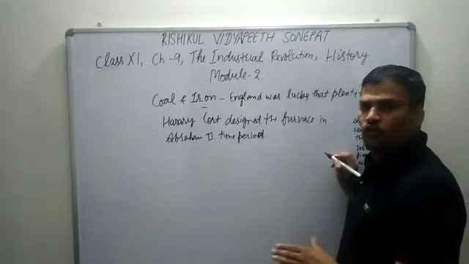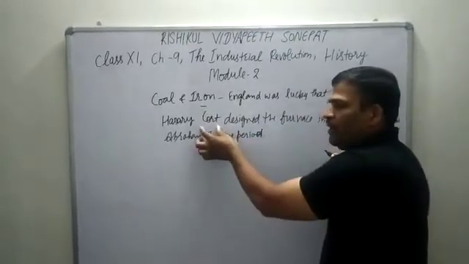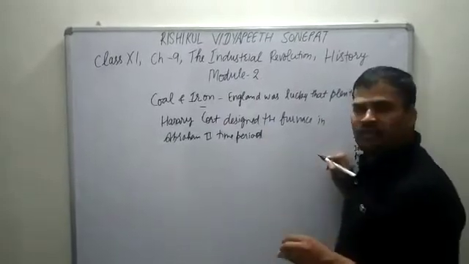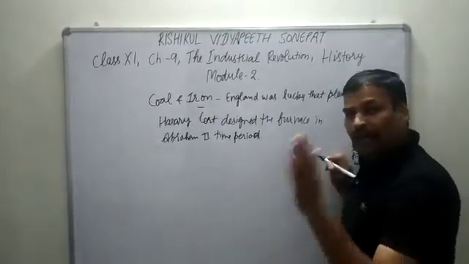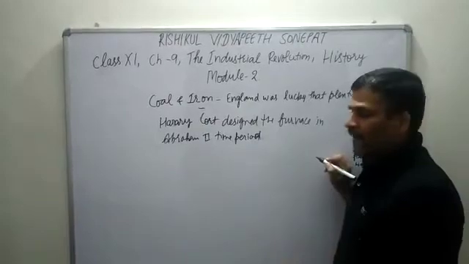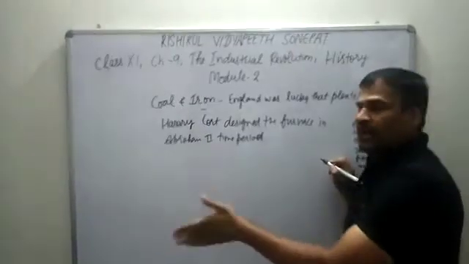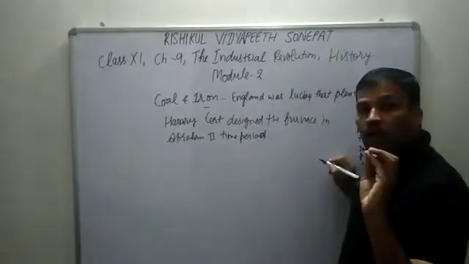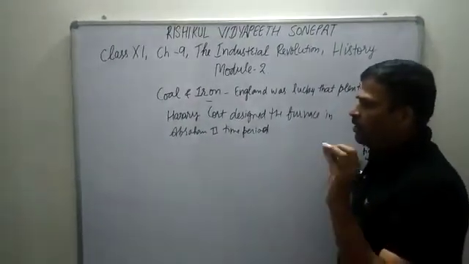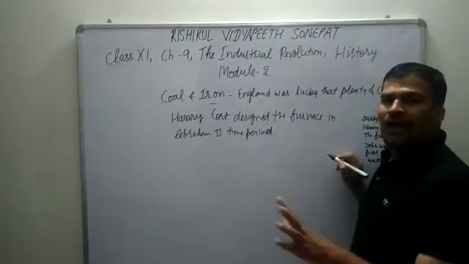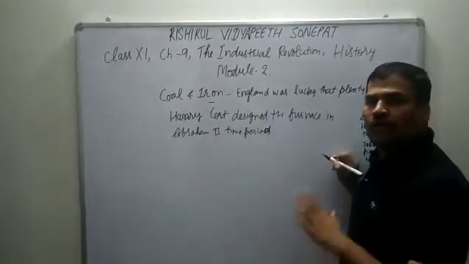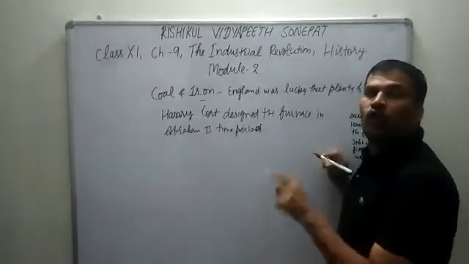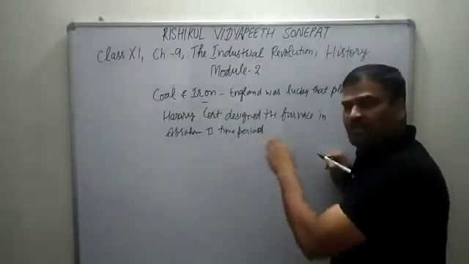Earlier it was not so. When Henry Cort designed the puddling furnace, in which the iron was smelted and purified and separated, the results were better, because earlier timber and charcoal were used and did not give good results. But when coke, the modified form of coal, was used, the best things came.